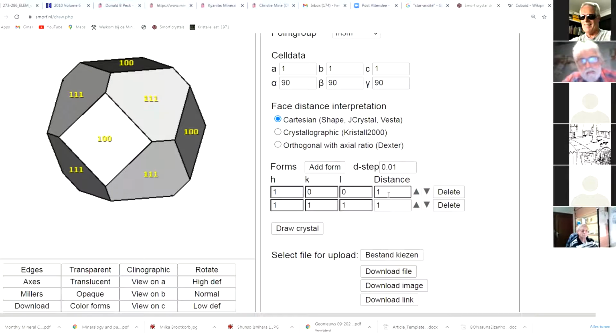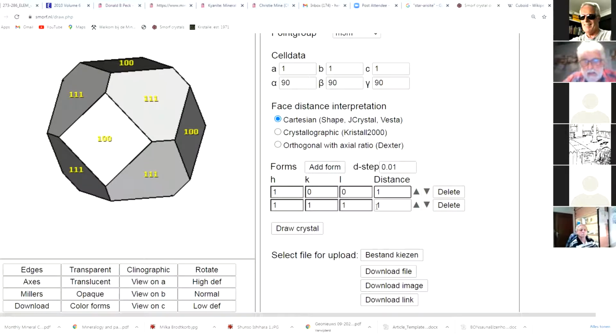And more important than the other also means that the faces of that form get larger, or on the other hand, get smaller. So by raising the distance here, you actually make the form smaller.